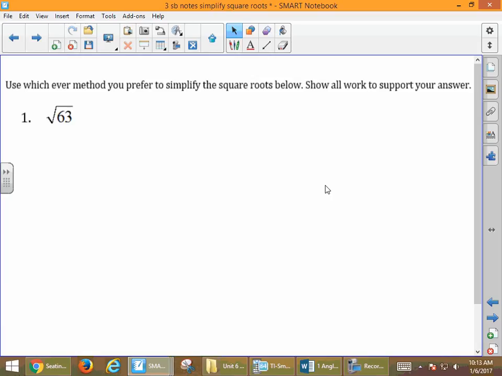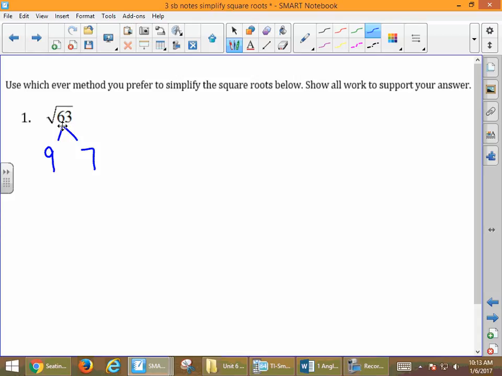So you may use whichever method you prefer to simplify. I am going to use the factor tree method. So when we look at this, 63, the first thing that we need to do is find 2 factors that multiply to be 63. 9 times 7 is the first set of factors that come to mind. There's nothing wrong with using 21 times 3.